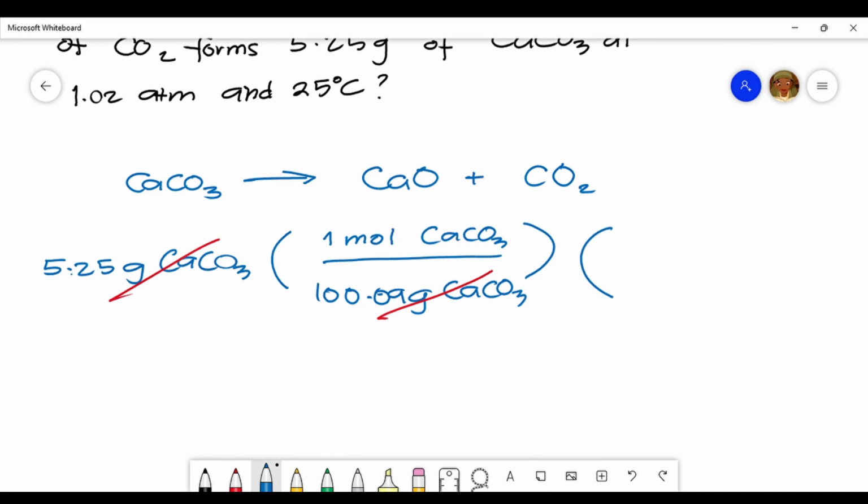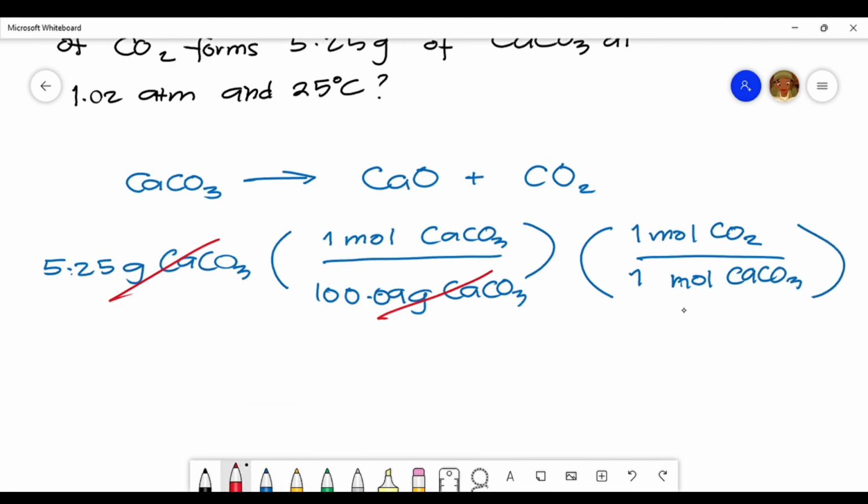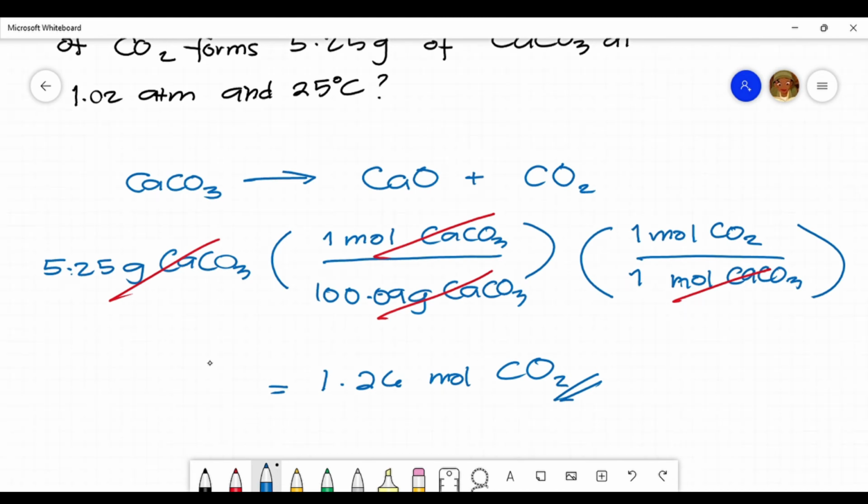We have 1 mole of CO2 has only 1 mole of CaCO3. And then we cancel this one again. So our answer would be 1.26 mole of CO2. But actually that's not our final answer. This is just our goal for step 2.